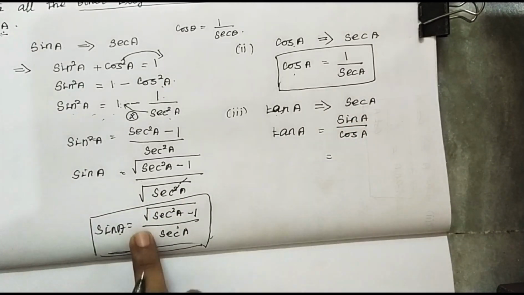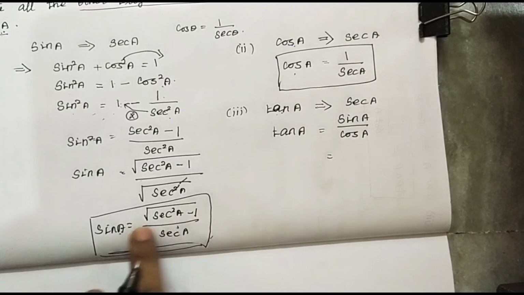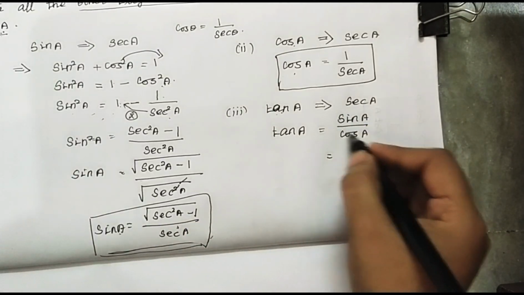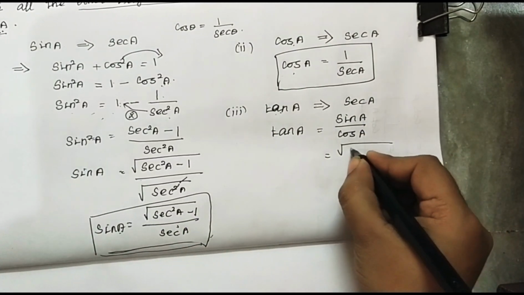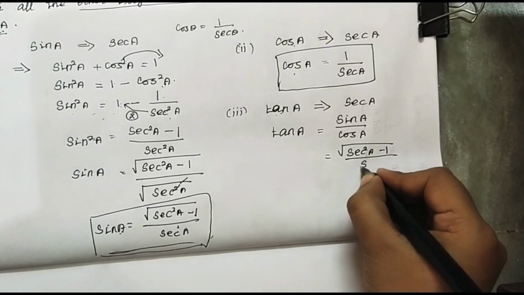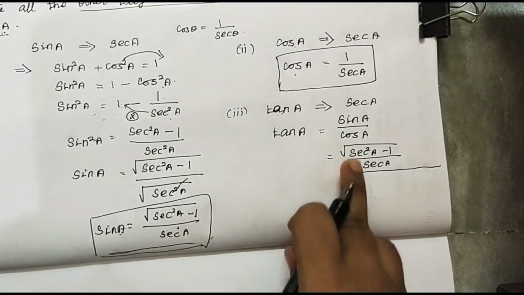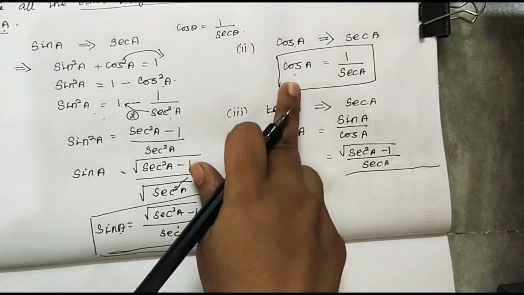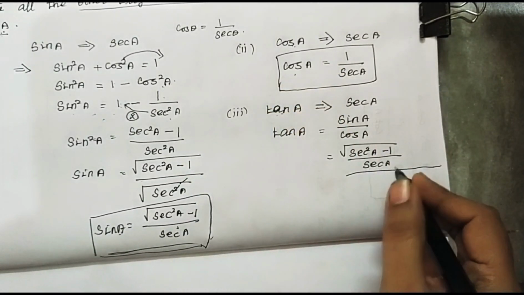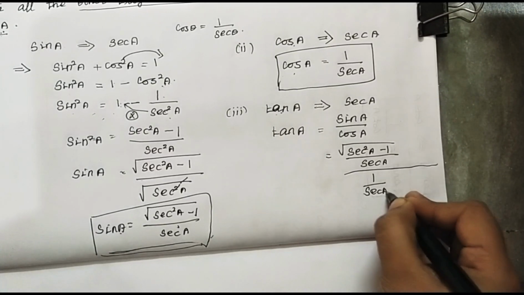Instead of sin A, we can write square root of secant squared A minus 1 divided by secant A. The denominator is cos A, which we also already found: cos A equal to 1 divided by secant A. We can use that here.